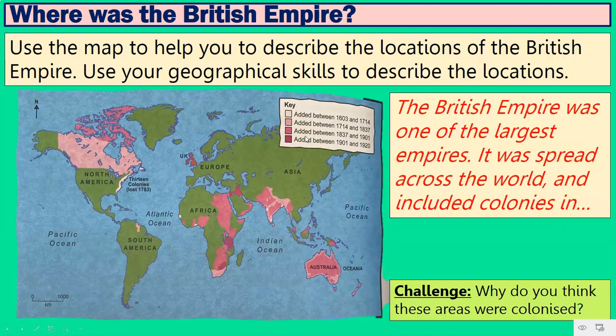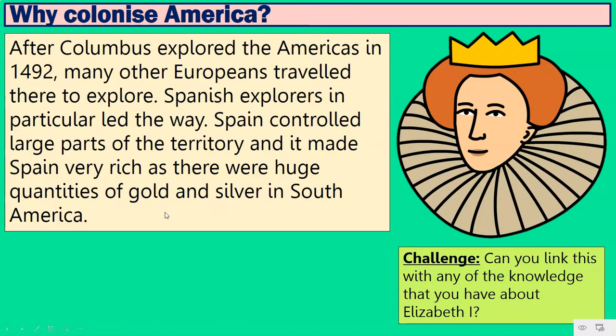So if we go back to our map on this bit here, now really interestingly, one colony set up by Walter Raleigh was called Roanoke, in an area that he named Virginia after the Virgin Queen. If you wanted to find out more about that, you might like to look at the 13 lost colonies, because they just disappeared and no one knows why.